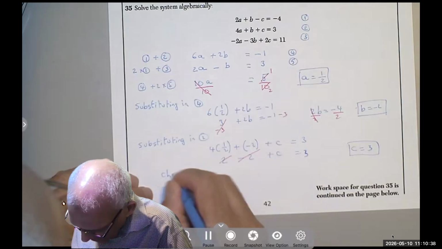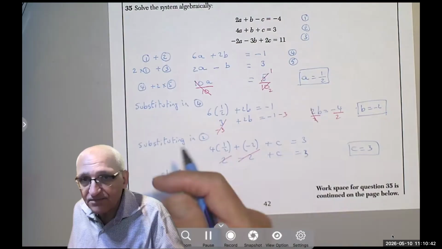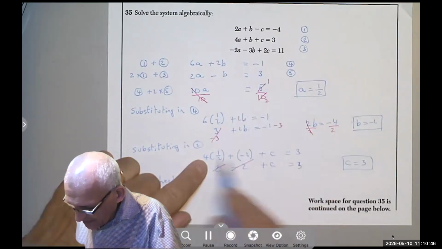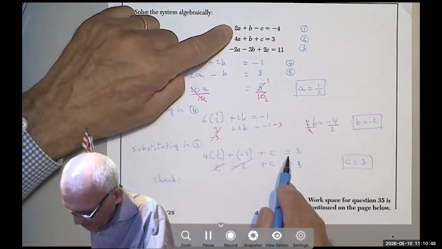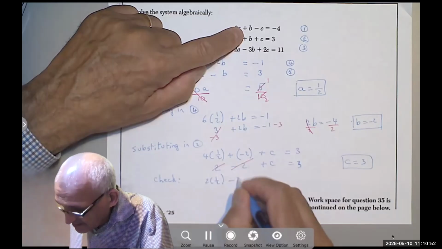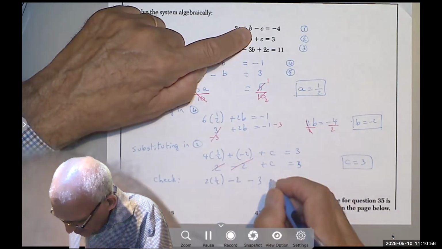You have to check, just because I might have done some math error because I'm in a hurry. I already substituted in 2, so let's substitute in 1. 2 times 1/2 plus b, which is negative 2, minus 3, which is c, equals.